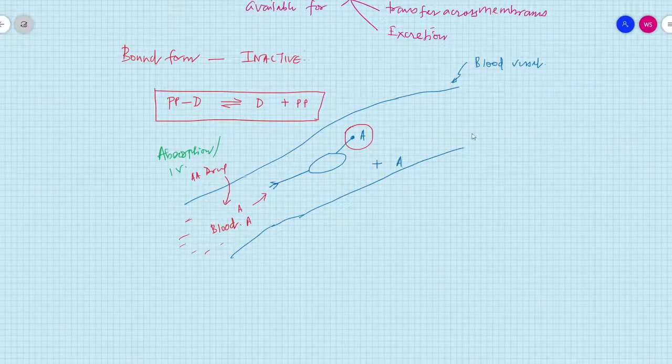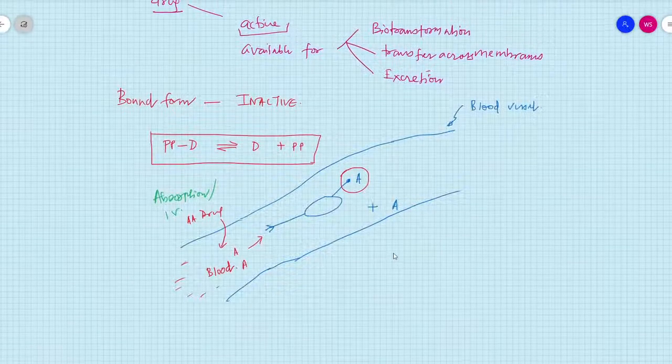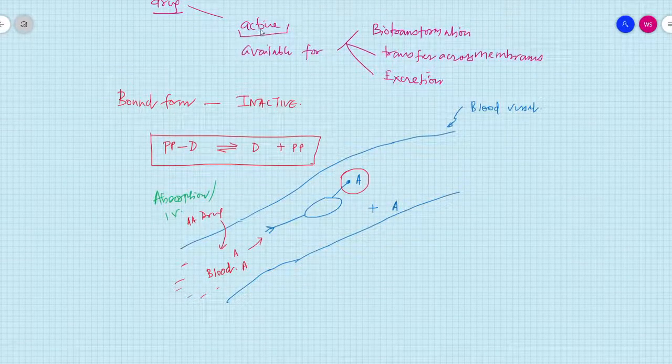So what did we say here above? We said that only the active form of the drug is available for excretion, transfer across membranes, and biotransformation, meaning only this drug is active. Suppose the site of action of drug A is an organ.